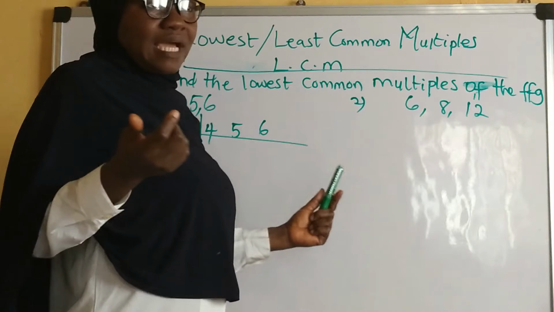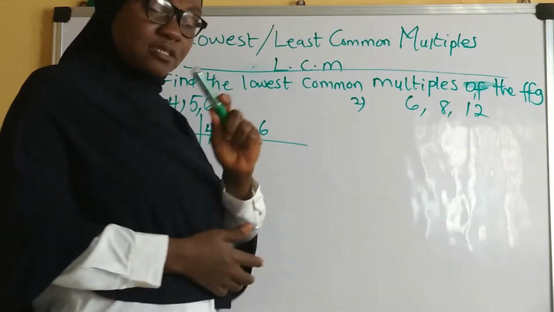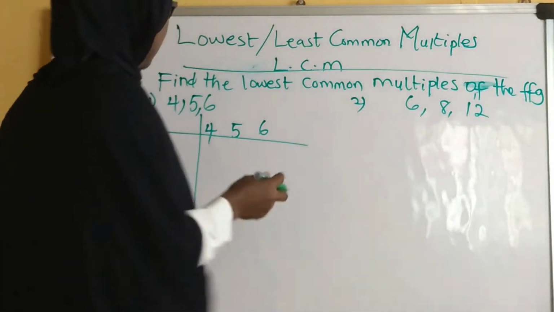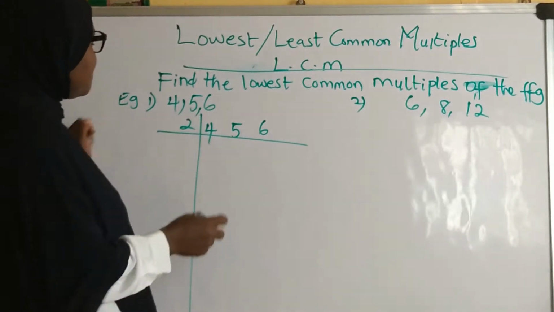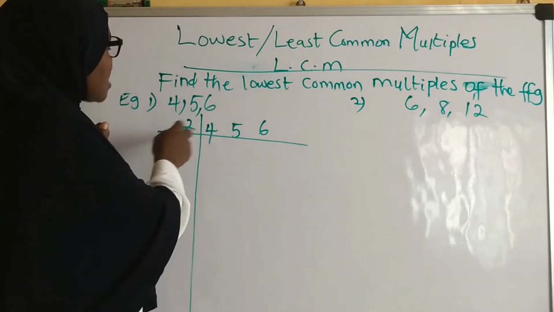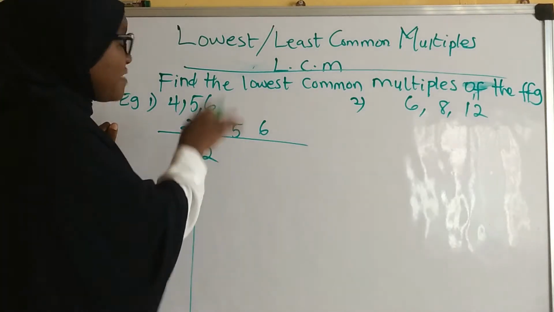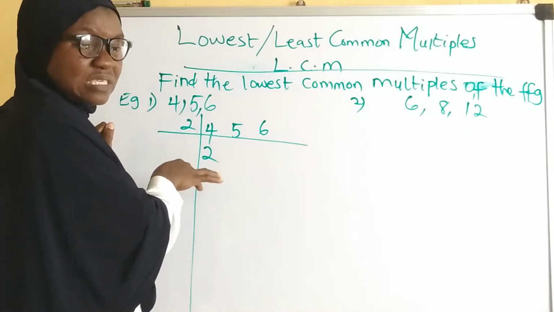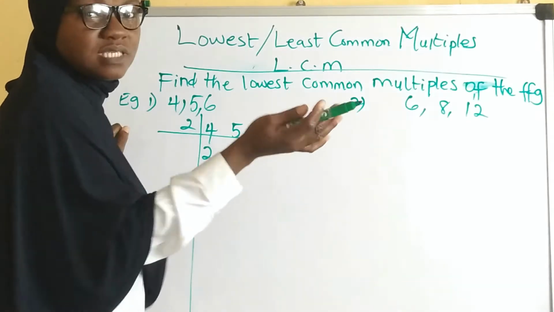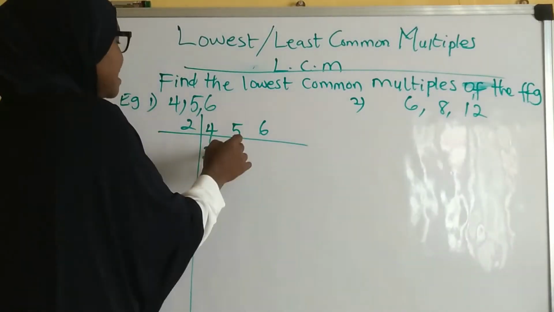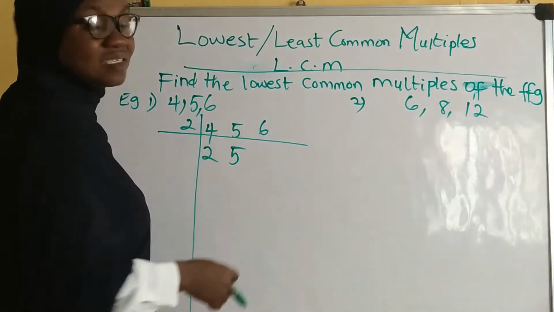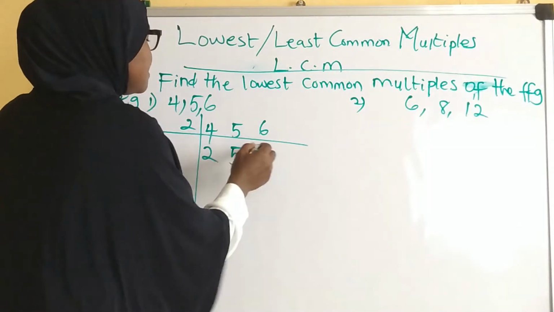So which one can I think of from the smallest, excluding 1? 2. Now if I use 2 to divide, 2 will divide 4. How many 2 can I get in 4? 2. Can 2 divide 5? No. So that 5, I'm going to write out the same way it is, because 2 cannot divide it without any remainder. Can 2 divide 6? Yes. How many times? 3 times.